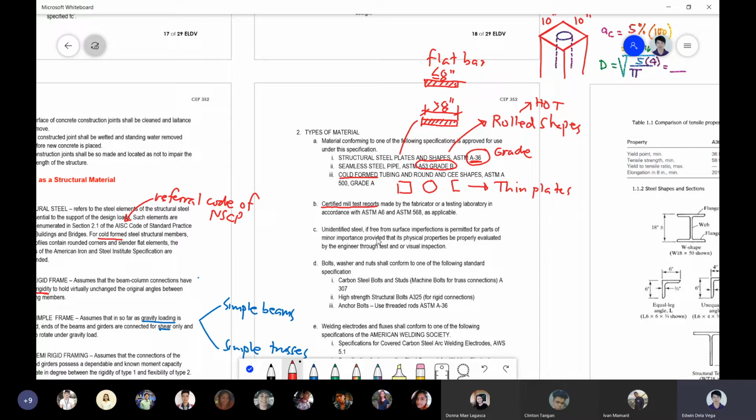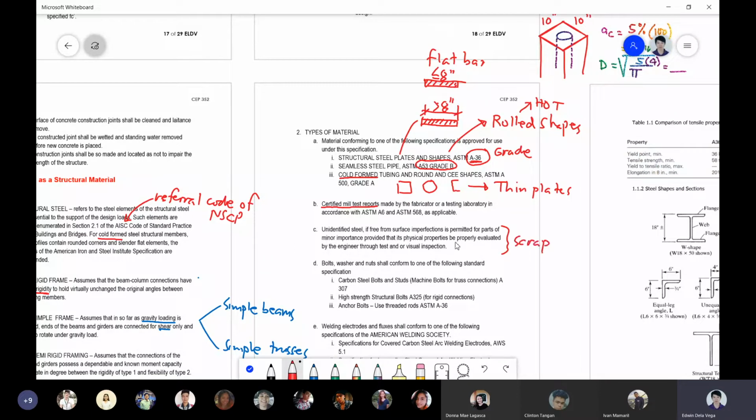Okay, so we have also some unidentified steel. They are those which are free from surface imperfection, and they are permitted for parts of minor importance, provided that its physical properties may be properly evaluated by the engineer through test or visual inspection. So normally these are those which you cannot identify from scrap.